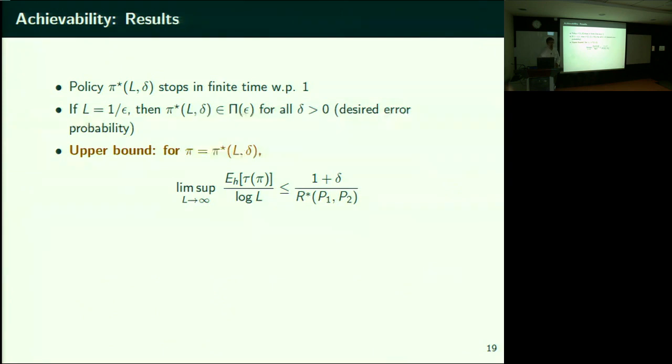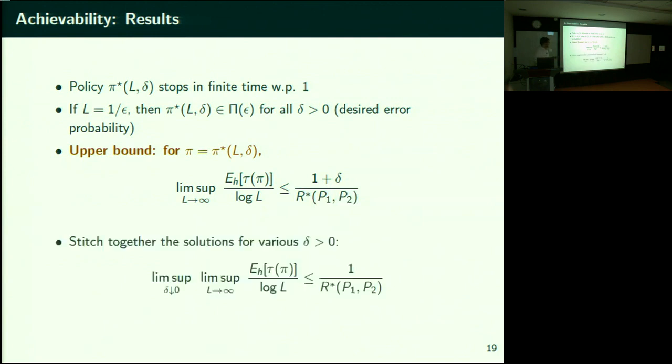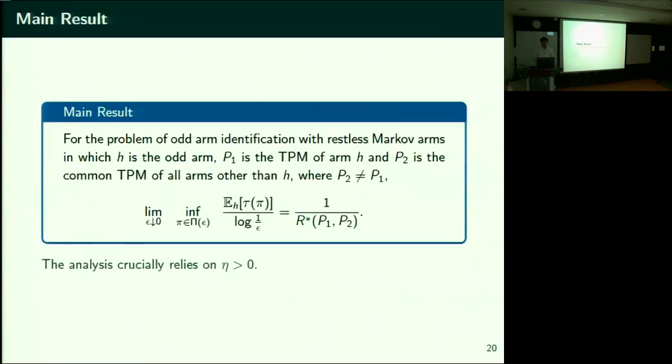And then you can set your parameter L to achieve the desired probability of error. So this policy also has that feature. Okay, so delta is arbitrary, and then through a sequence you can always approach that lower bound. Okay, so this is the main result. This is what we intended to capture, and that constant is precisely 1 by R star. Okay, the one that I showed you.